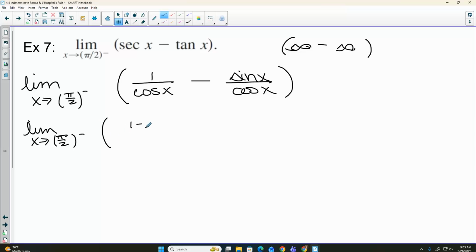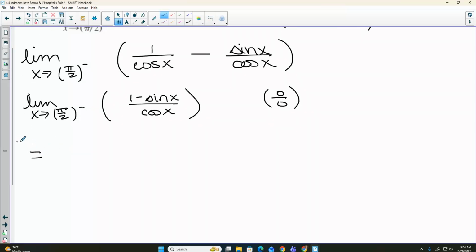So that's 1 minus sine over cosine. So we have a common denominator. Now, sine of pi over 2, sine of 90 is 1, so 1 minus 1 is 0. Cosine of pi over 2 is 0. So now it's 0 over 0, which tells me we can do L'Hopital's.